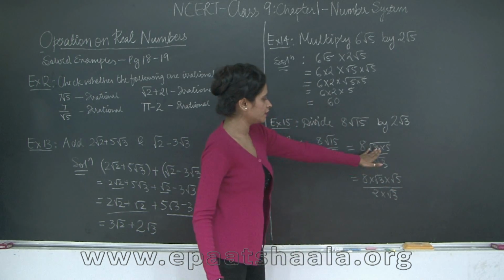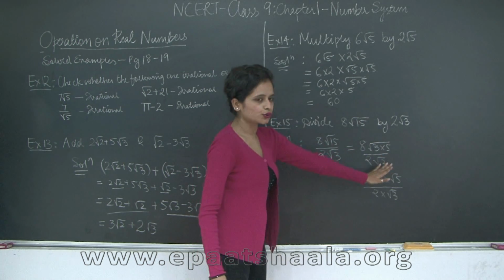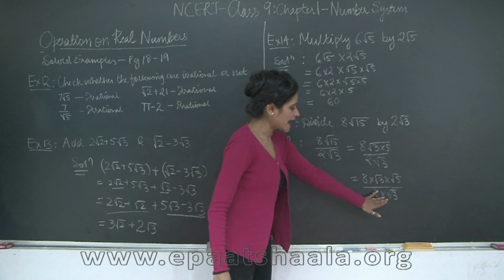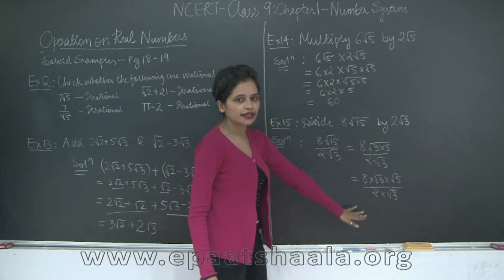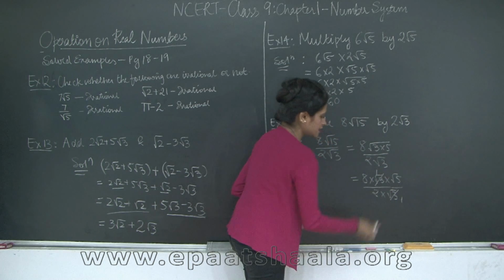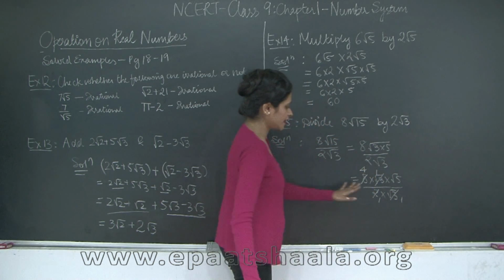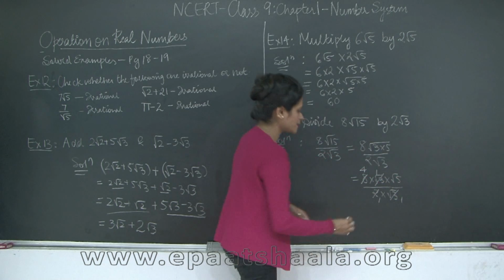See, 8 root 3 into 5, or 8 root 15, is nothing but 8 into root 3 into root 5. And 2 root 3 is 2 into root 3. So what I have done is added a multiplication sign also, so do not get confused. Now root 3 ones are root 3, 2 fours are 4. So finally what am I left with? 4 root 5 is my answer.